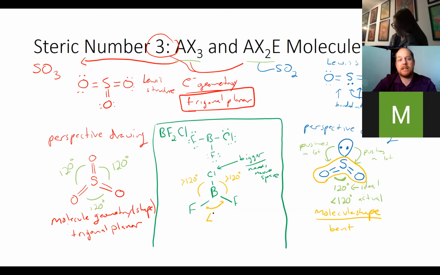That bond angle is going to be less than 120 because those are smaller atoms and they're not pushing on each other as much as the chlorine is pushing on them. Okay, so the size of the atoms is going to make a difference. Now, it's still going to be a trigonal planar electron geometry, but the molecule shape or the molecule geometry, instead of being just trigonal planar or bent, it's going to be sort of a distorted trigonal planar.